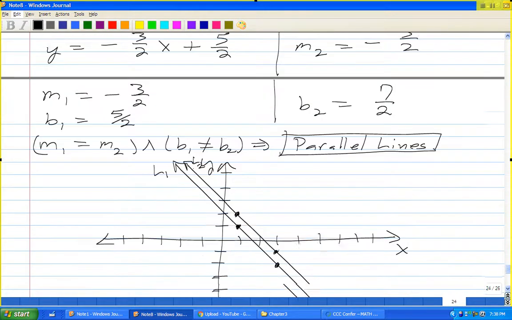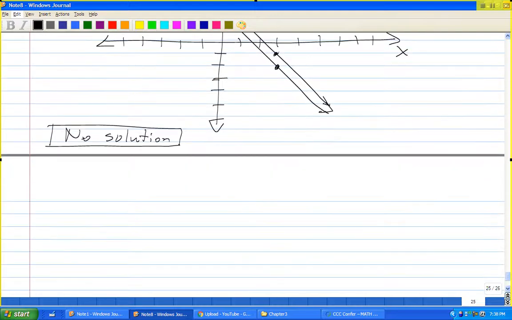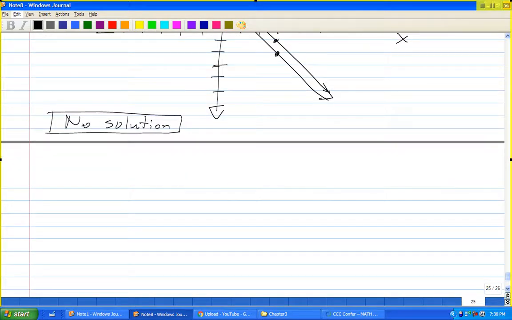Let me do problem 31. L1: x equals 3y minus 1. L2: x equals 2y.